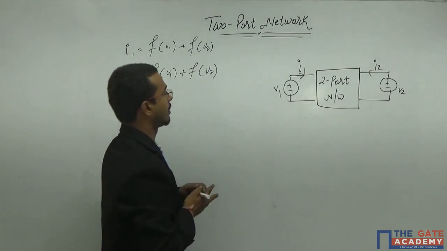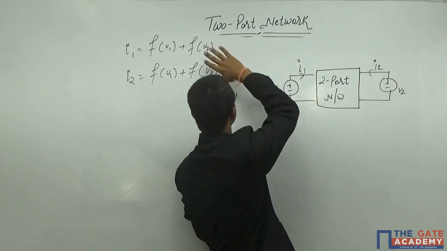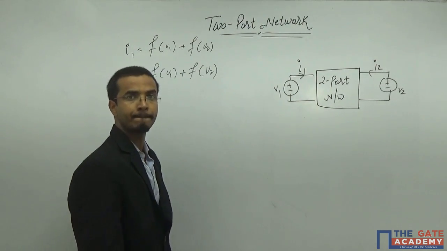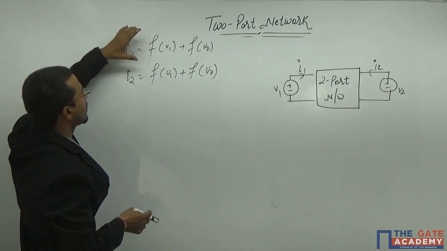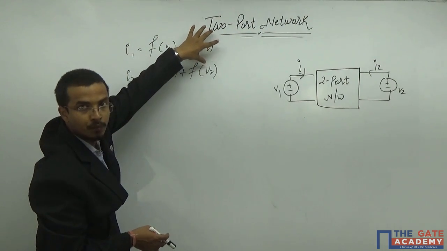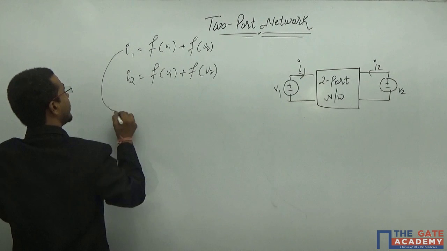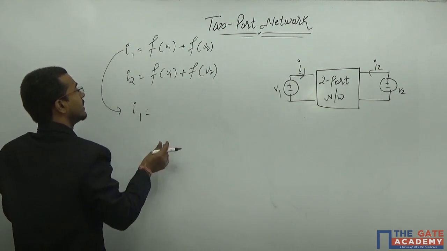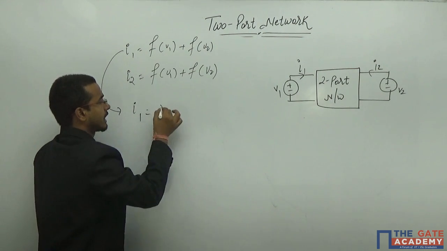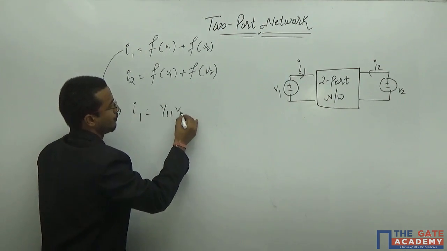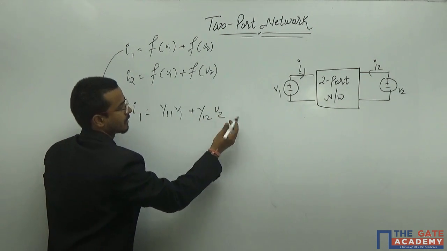That means once you apply this, you will remove that and you will calculate the ratios accordingly. If it is a linear circuit, this I1 will be the function of V1 plus the function of V2. Whenever you simplify, this I1 will become some factor multiplied by V1, that means Y11 into V1 plus Y12 V2.